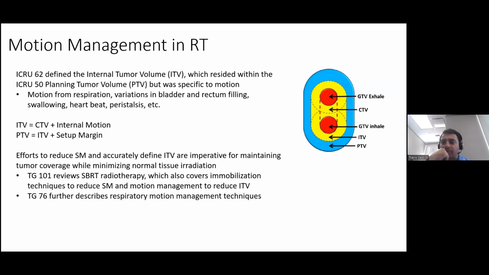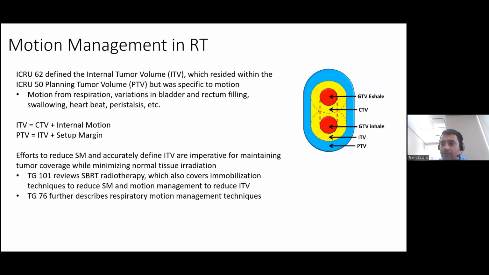So if we go back to the more basic forms of motion management, ICRU is one of our more fundamental documents that we follow. And in ICRU 62, they actually made the switch where they started incorporating motion into their margins. Some of you are familiar with how we classify different margins in radiation therapy.